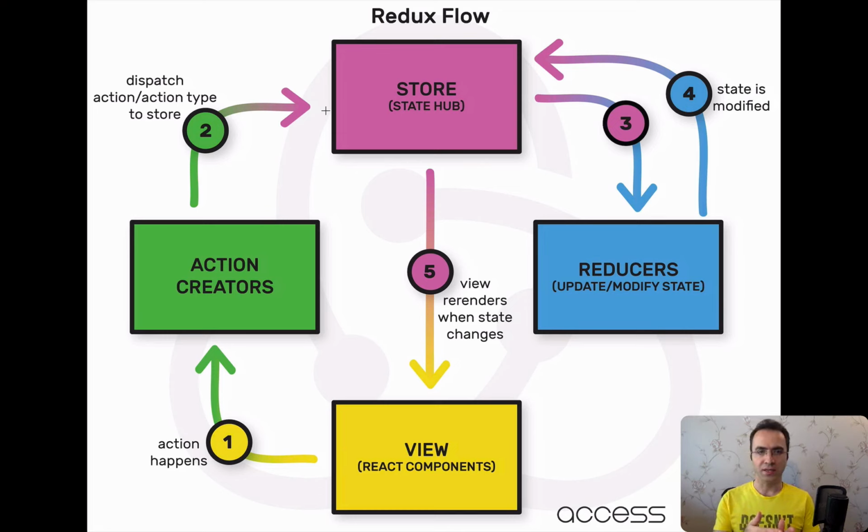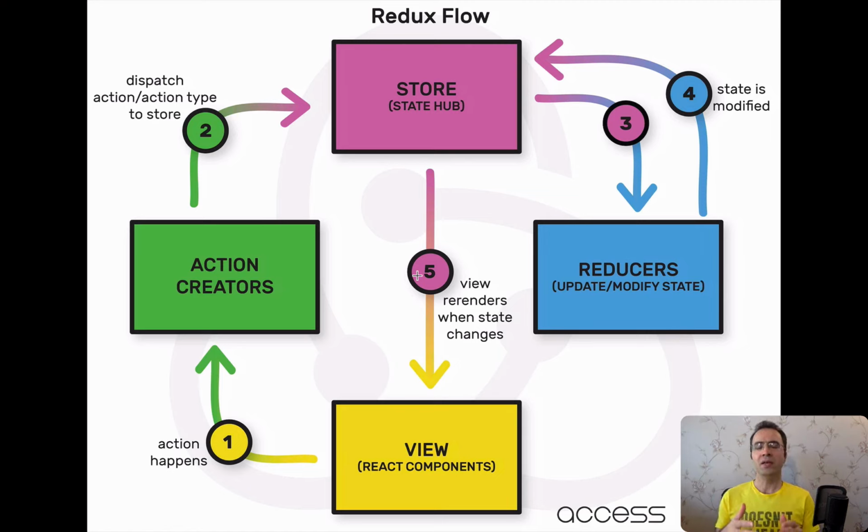Let's say in this case, change the list of products from an empty array to a list of products that comes from the server. And then at this step, when the reducer returns the data, the store updates the view based on the new data, which is in this case the list of products.